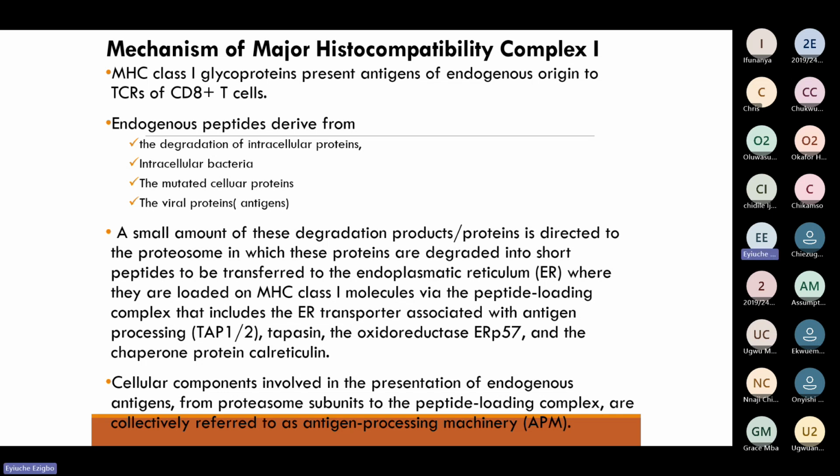So these endogenous peptides can be derived from the degradation of intracellular proteins, intracellular bacteria, mutated cell proteins, and the viral proteins that have invaded the cells.